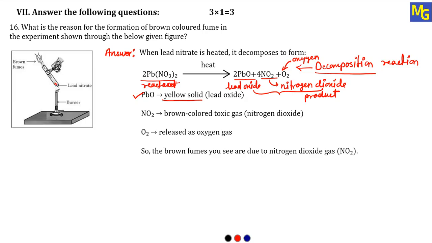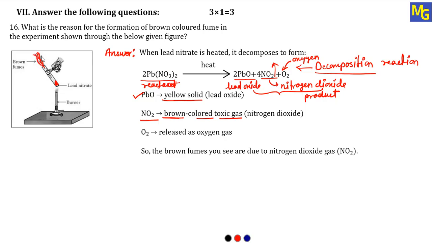It will remain in the test tube as a solid. Then NO2, that is nitrogen dioxide, is a brown colored toxic gas. So whatever NO2 is formed is in the form of gas, and the color of the gas is brown. So once we heat this lead nitrate, the brown NO2 gas will come out.